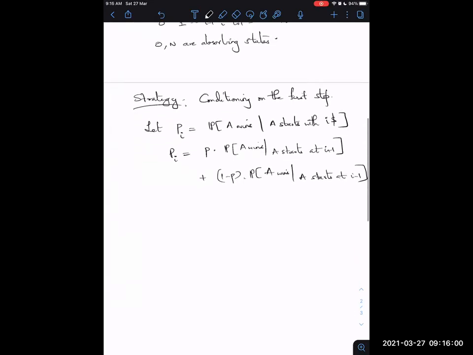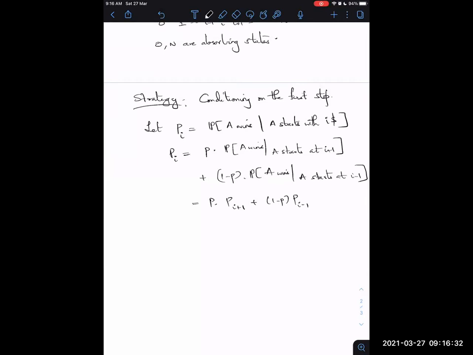By definition, this is just P times Pi plus 1 plus 1 minus P times Pi minus 1. Is this clear for everyone? Like how this equation works out?